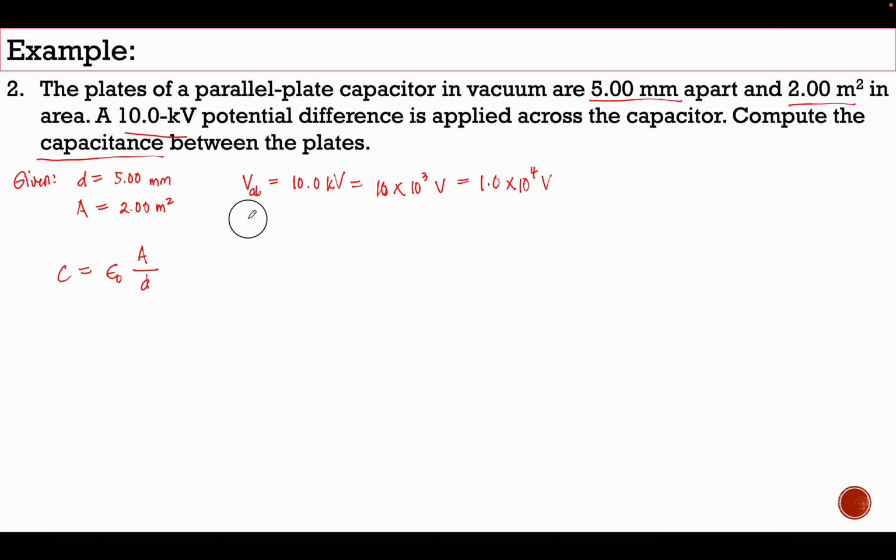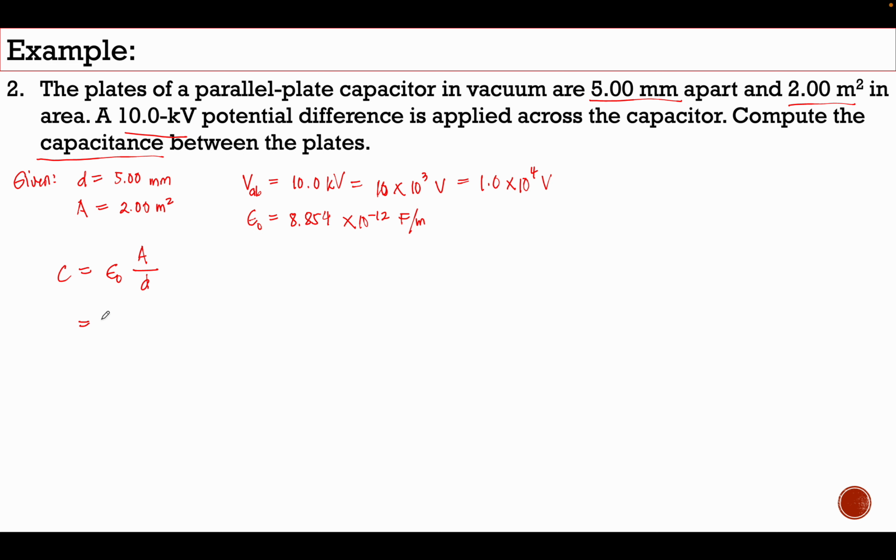So again, our epsilon naught is equal to 8.854 times 10 to the power of negative 12 farad per meter. Okay, so we have the value of the area as well as the distance and our epsilon naught, so we can solve for the capacitance of this parallel plate capacitor.